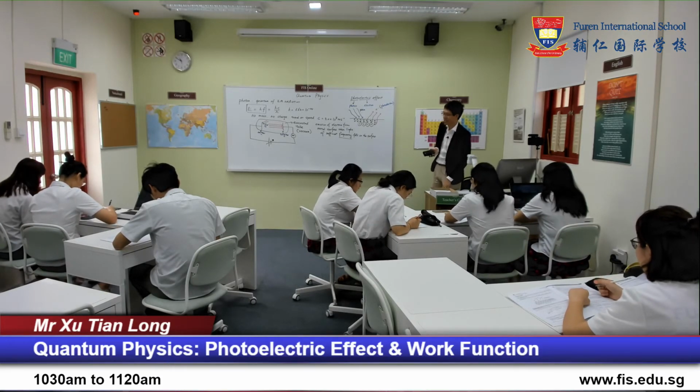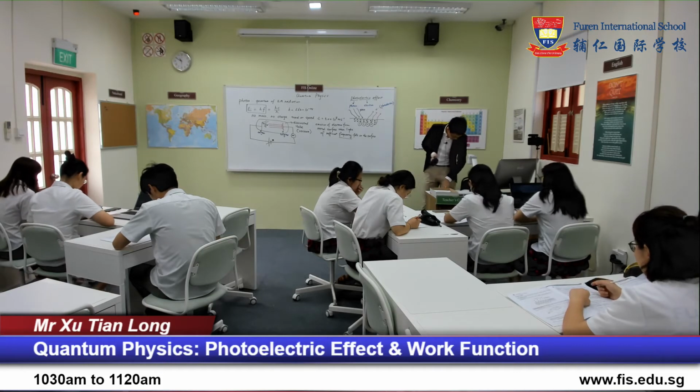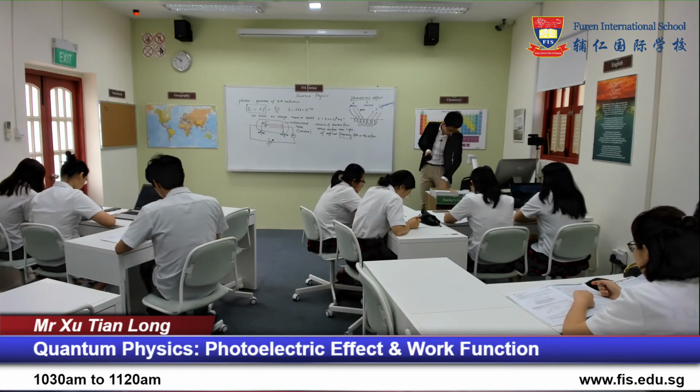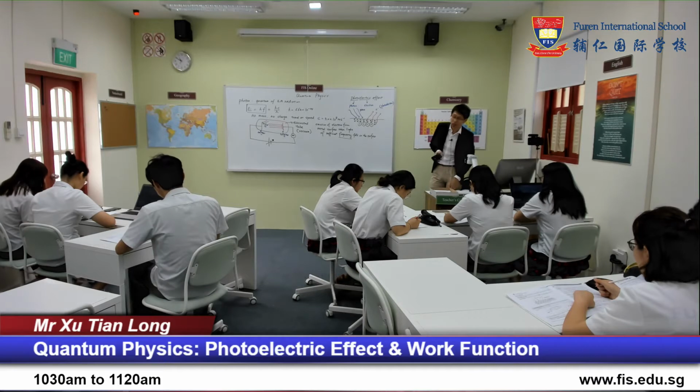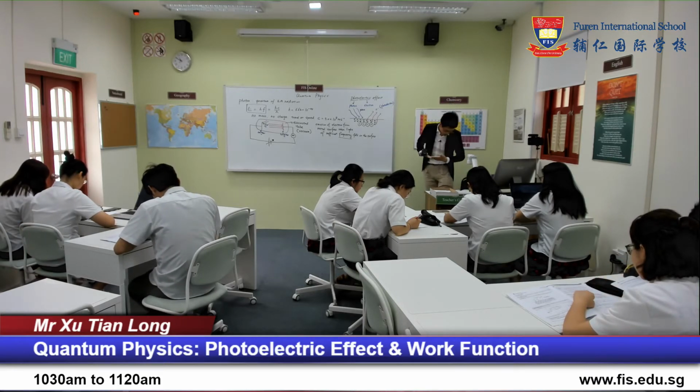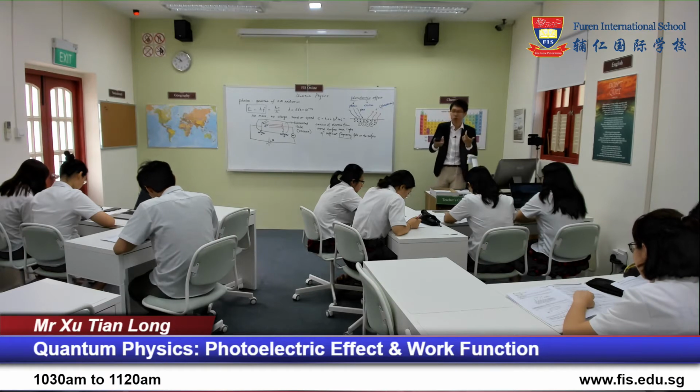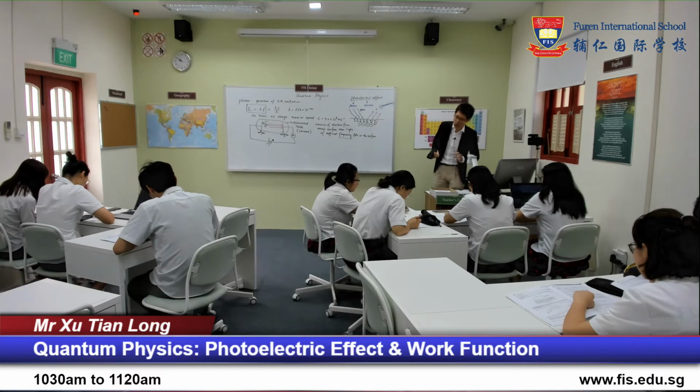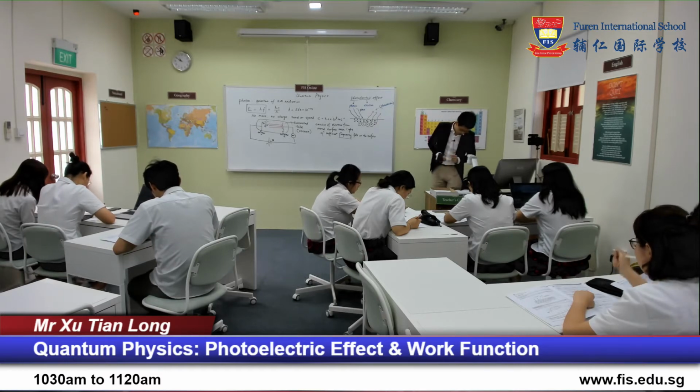The formula is E equals hf. Then one single photon collides with one electron. The relationship is 1 to 1. You cannot have 2 to 1 or 1 to 2. That's not possible. One electron to one photon.